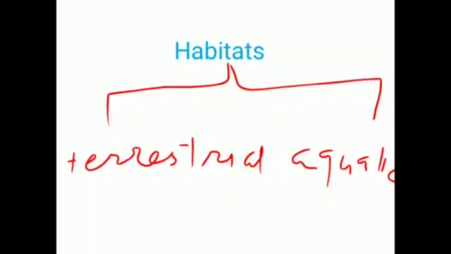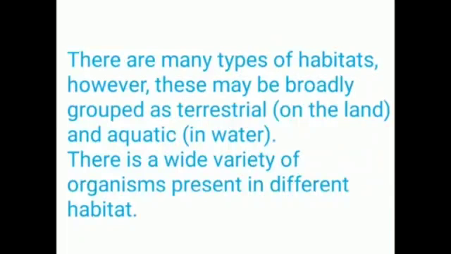Now, there are many types of habitats. These may be broadly grouped as terrestrial habitats and aquatic habitats. As I told you, terrestrial habitats mean on the land and aquatic habitats mean in water.